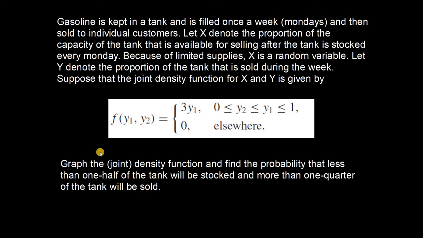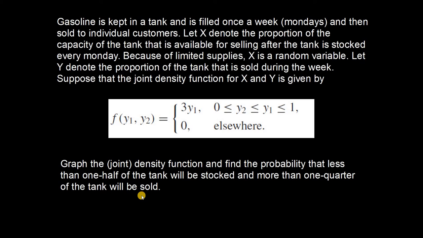So this is going to be a two-part video. In this first part we're going to graph the density function, and in the second part we're going to compute the probability that less than 1/2 of the tank will be stocked, and at the same time, intersection, more than 1/4 of the tank will be sold.